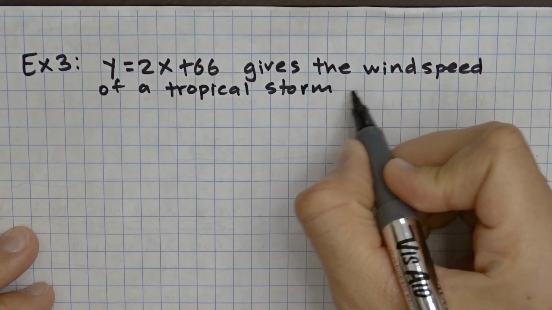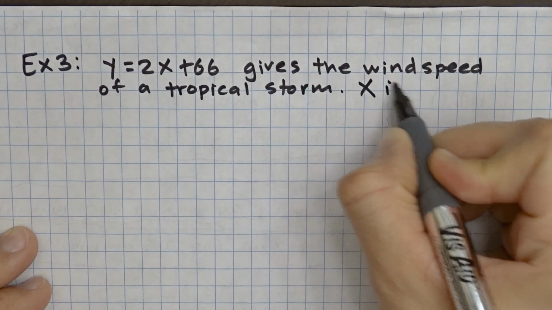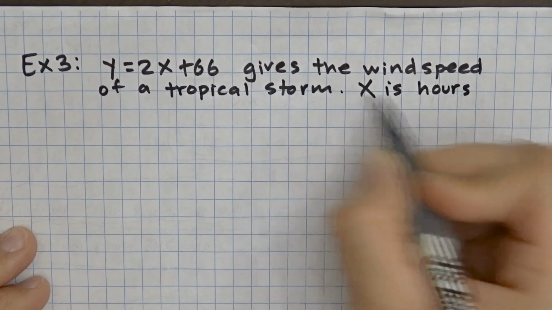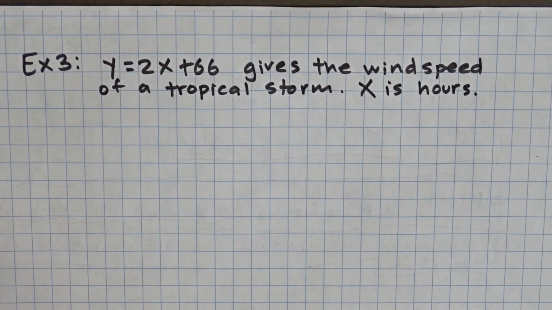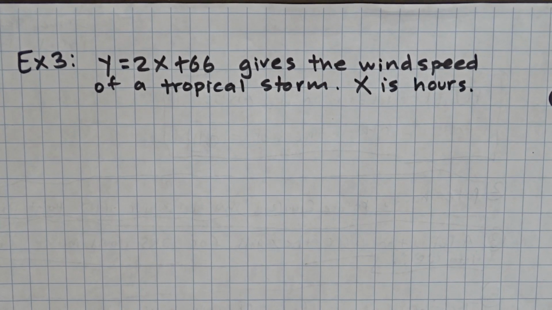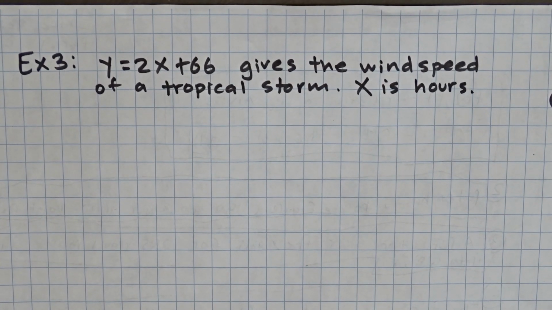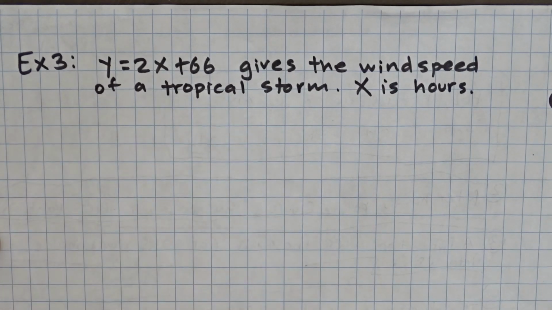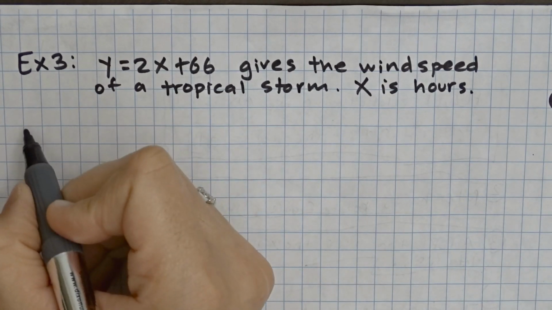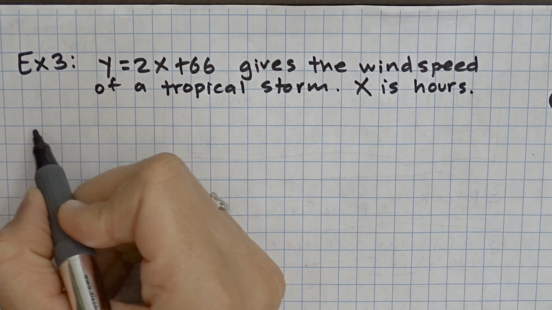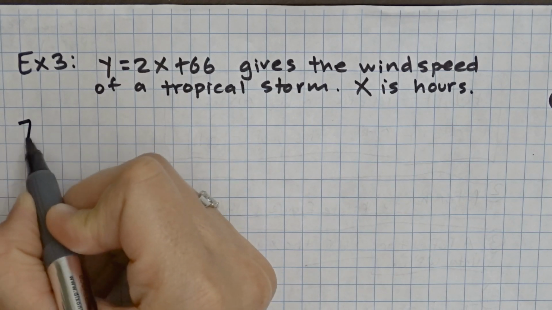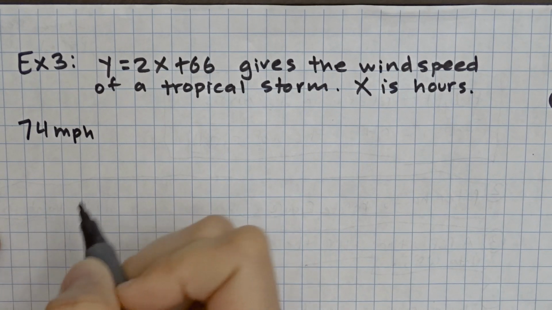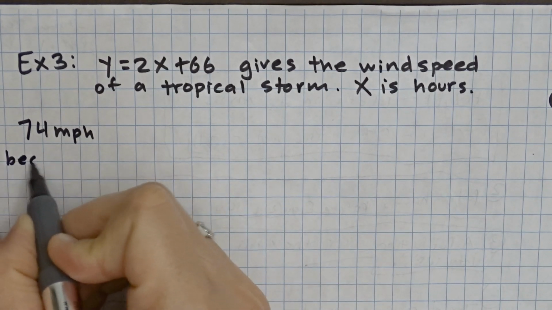So x is going to be representing hours. Okay, so we're going to try to figure out, when does the storm become a hurricane? They're giving us some special notes that at 74 miles per hour it becomes a hurricane.